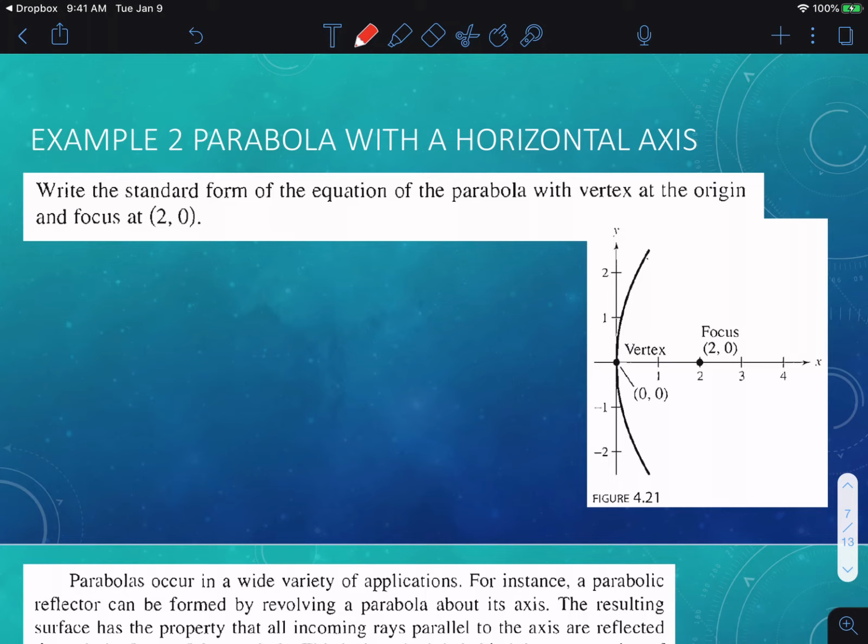So write the standard form of the equation of the parabola with vertex at the origin and the focus at 2, 0. Okay, so we know that the focal point is already 2 off from the origin. So we know that p is equal to 2. So 4 times 2 times x is supposed to equal then y squared.